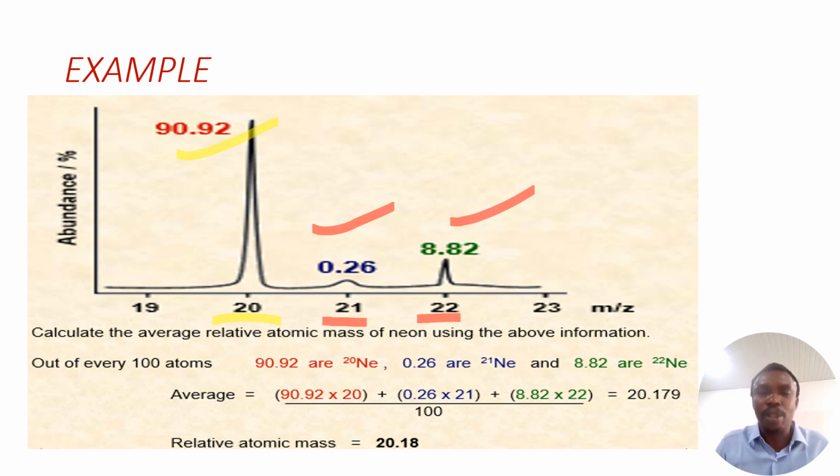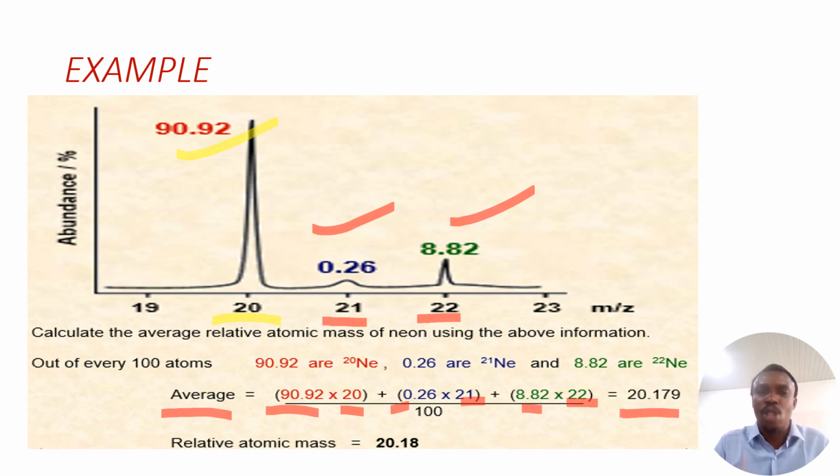If you add abundance 1, abundance 2 and abundance 3, the total sum is 100. So you divide by 100, because it is already in percentage.